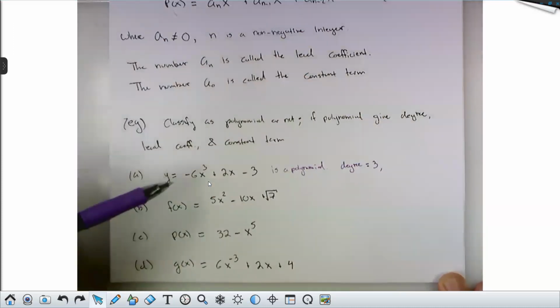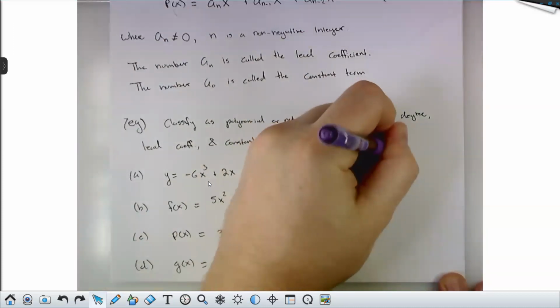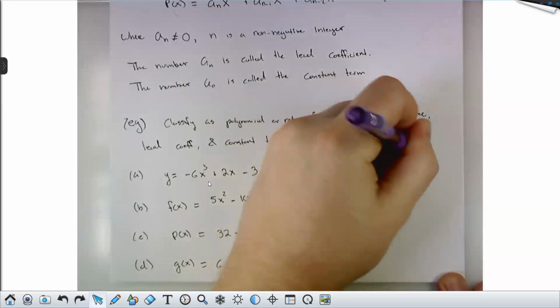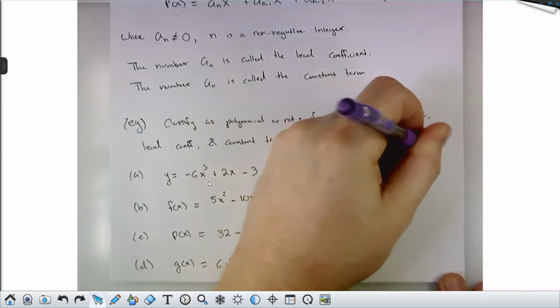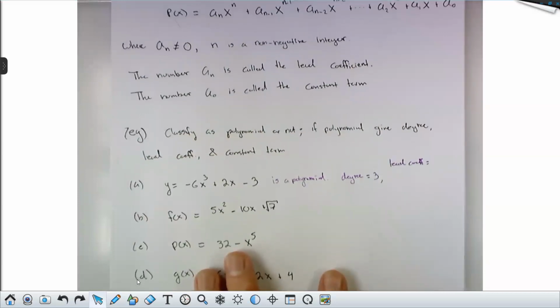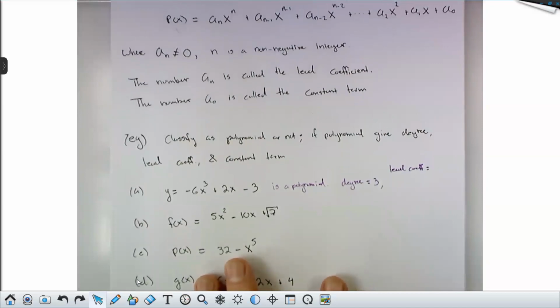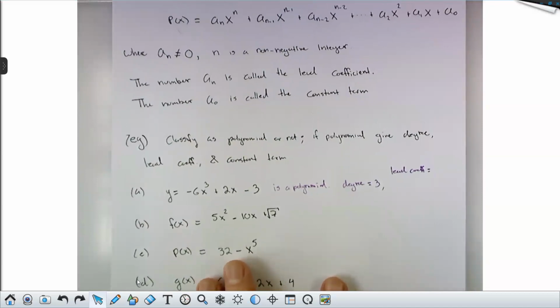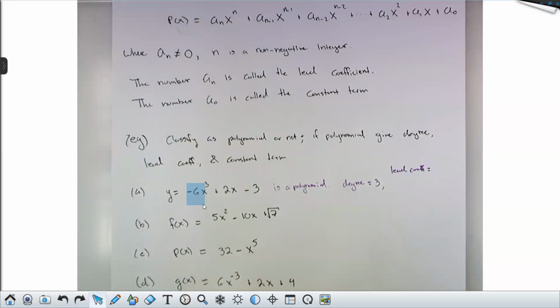The lead coefficient, let me stack these, is what? -6? Yeah, -6, right? The lead coefficient is the number that's attached to the largest power of x.